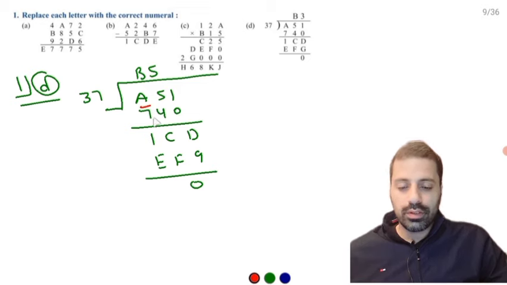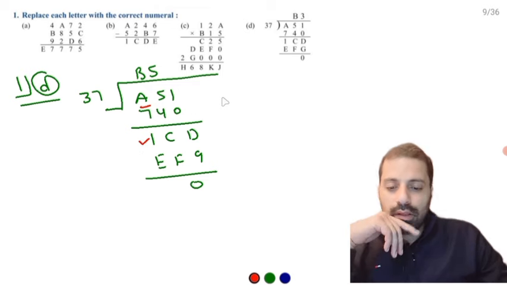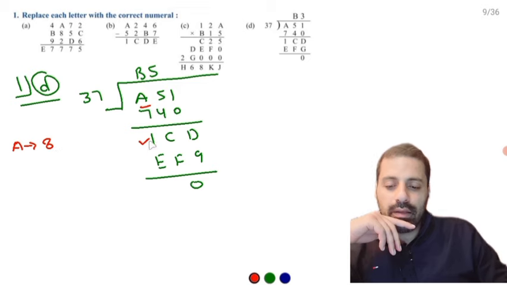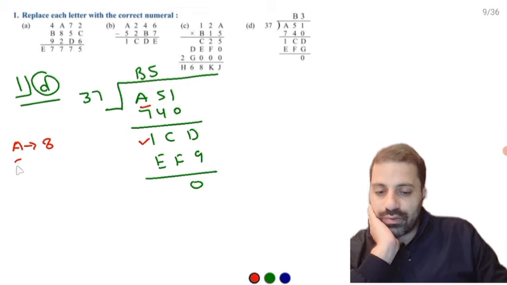Now think once, when will 1 come here? When a is replaced by 8, only then is 1 possible here, okay my dear students.